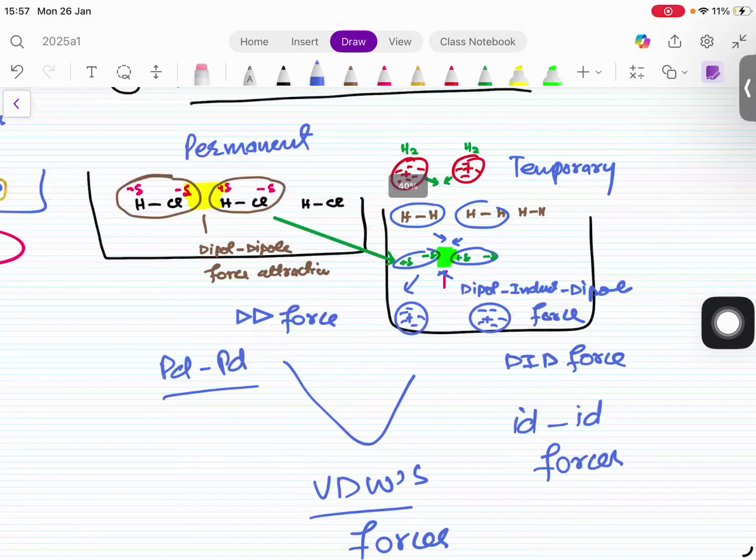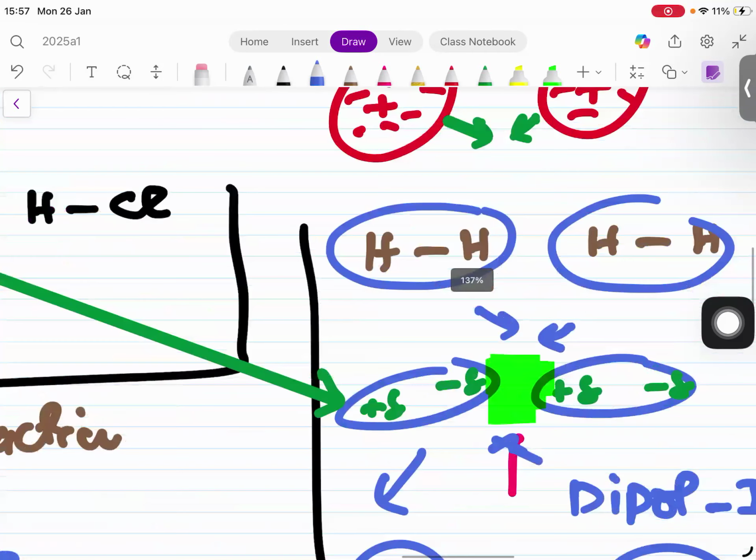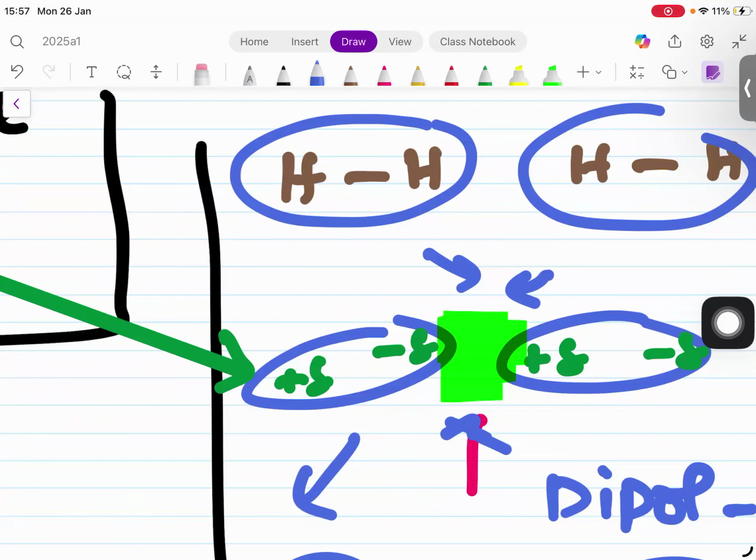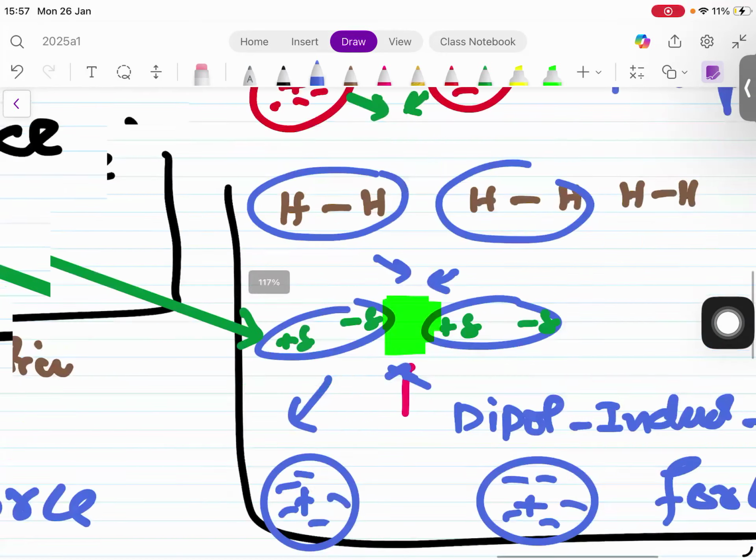So whenever these two hydrogens are close to each other, at that moment there is no difference between a molecule of HCl and a molecule of H2, because they are also polar now. The positive end of one dipole attracts the negative end of the other. This force is known as temporary dipole induced dipole force, right?